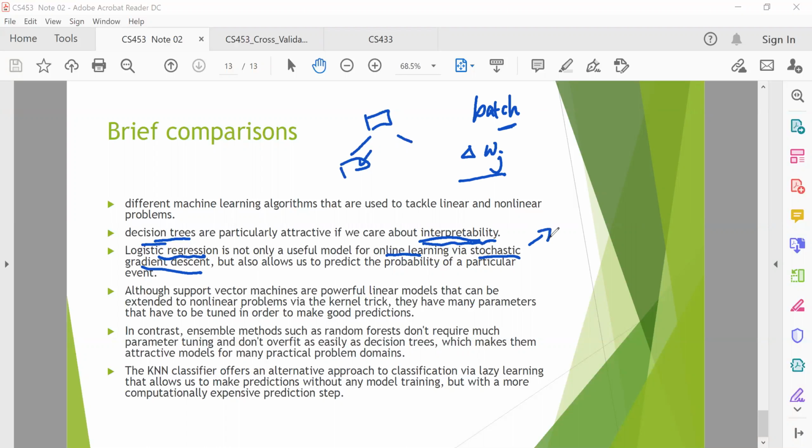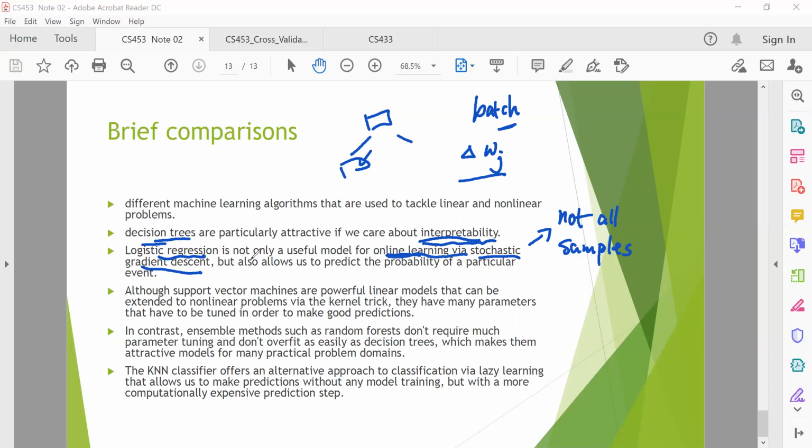Stochastic gradient descent doesn't require all of the samples at one time. You can do each sample, or also mini batch. That's called online learning.